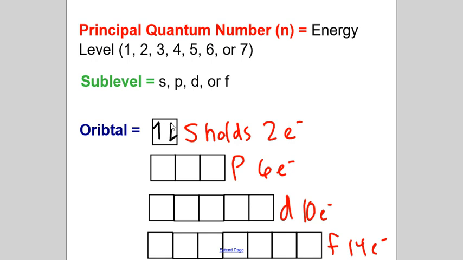Don't worry so much about that, just know that in a single box, a single orbit, you can have 1 up and 1 down. So 2 electrons in 1 orbit. Whereas P's have 3 orbits, so that means 6 electrons. D's have 5 orbits, which is 10 electrons, and then F's have 7 for 14 electrons. So again, the number of orbits is half of the number of electrons that level can hold.